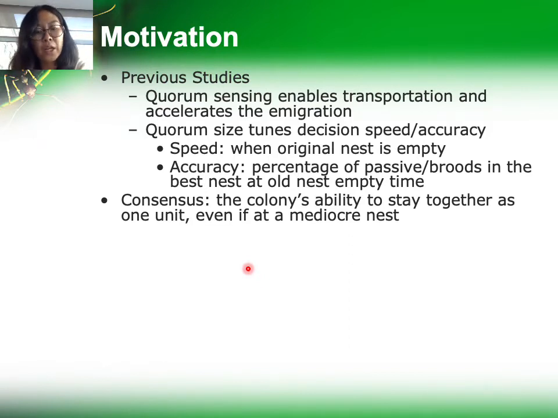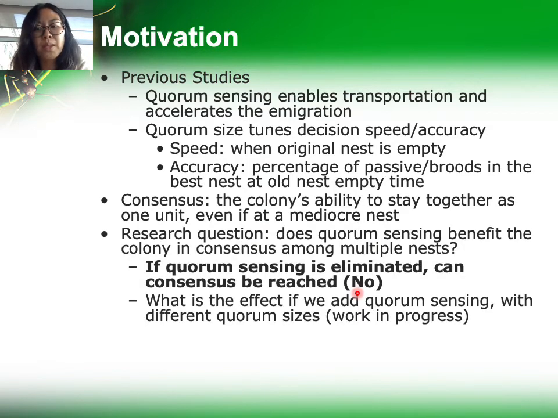However, we must be very careful, because if the quorum size is too low, multiple nests can reach quorum and they all get locked in to accumulate ants faster, and that will result in a colony split. So these pros and cons prompt the question of whether quorum sensing is helpful for consensus at all.